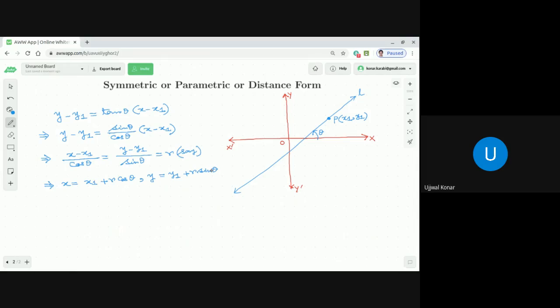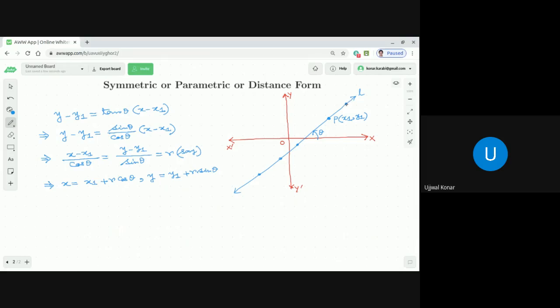That means, any arbitrary point on that straight line. What is xy? Xy is nothing but any arbitrary point. It could be here, it could be here, any point on this straight line. But what is its generic coordinate? Its generic coordinate is x1 plus r cos theta, comma, y1 plus r sin theta.